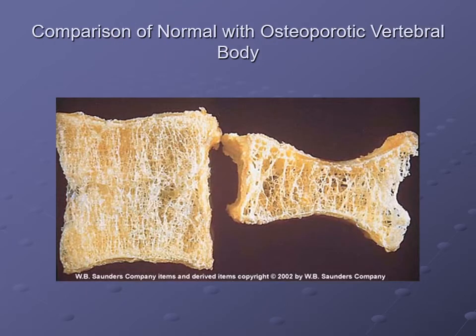This is looking at a vertebral body and how collapsed the one on the right is. And remember, there are nerves exiting out in between these vertebrae, and that puts a lot of pressure on those nerves. There's a little space for those nerves in between, and so you have a lot of pain associated with osteoporosis as well.